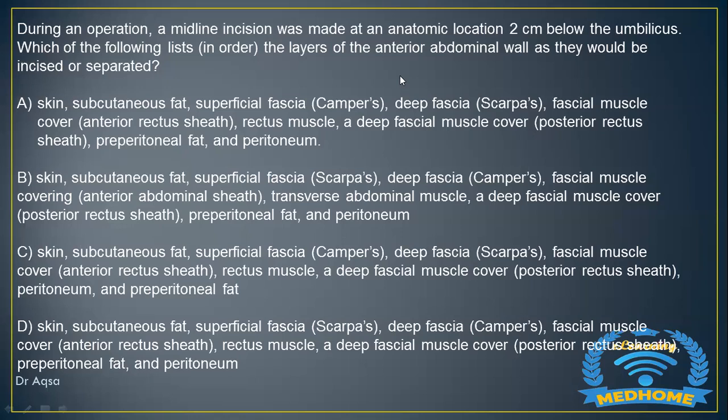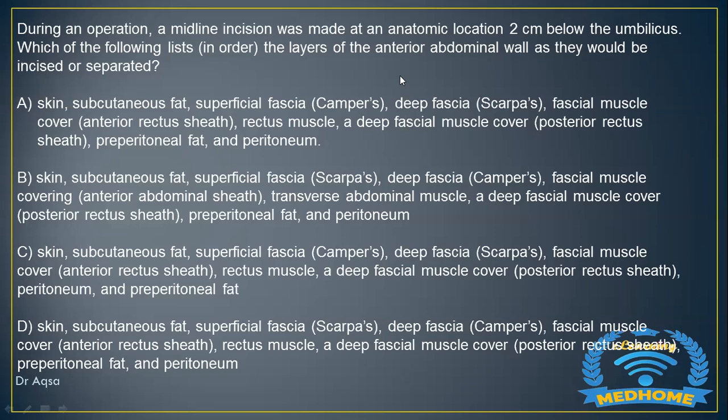Option B: skin, subcutaneous fat, superficial fascia, deep fascia, fascial muscles covering the anterior abdominal wall, transverse abdominal muscles, a deep fascial muscle cover, posterior rectus sheath, pre-peritoneal fat, and peritoneum.